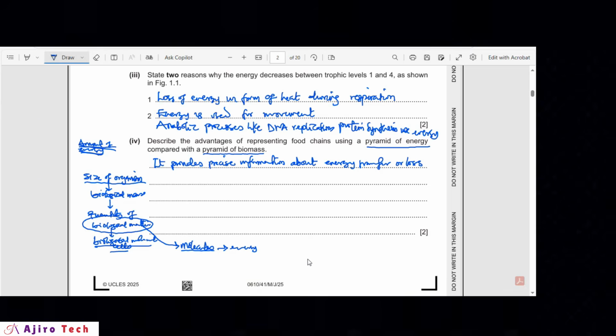Of course, you will expect that a large organism would contain more energy when you compare with a small one. In the same vein, a large organism will require more energy than a small organism.